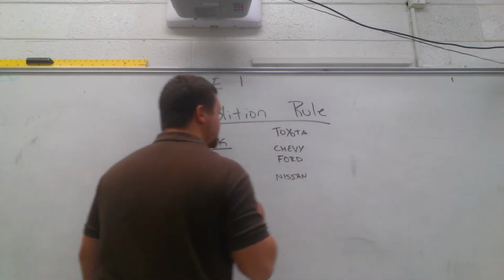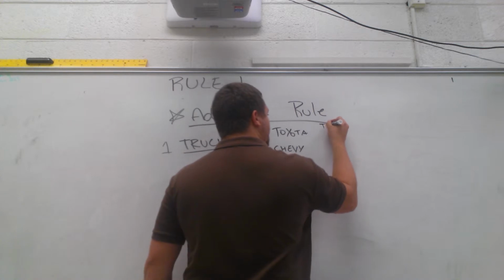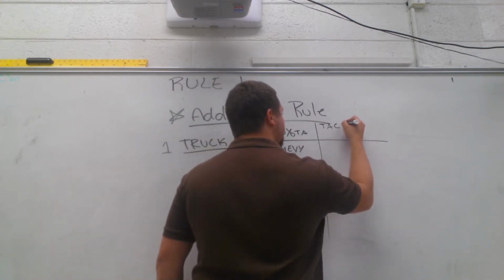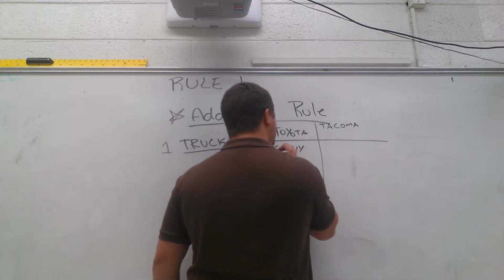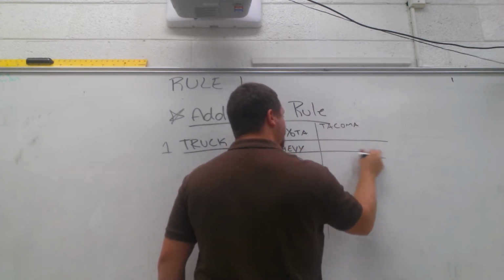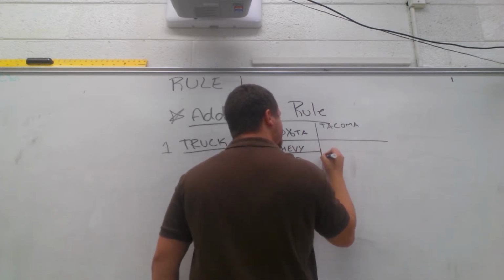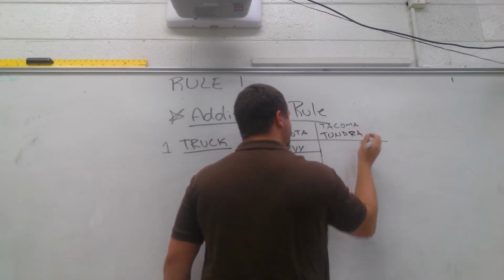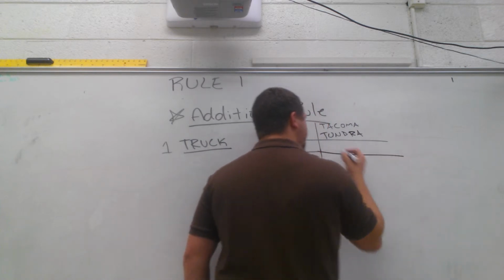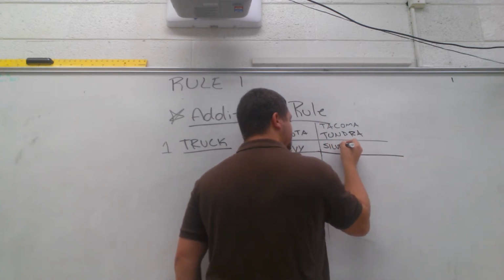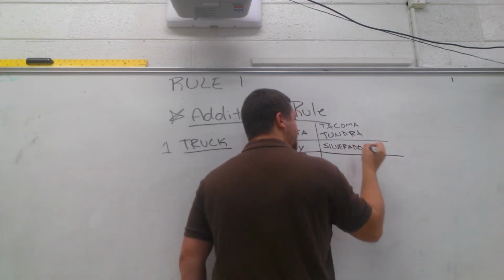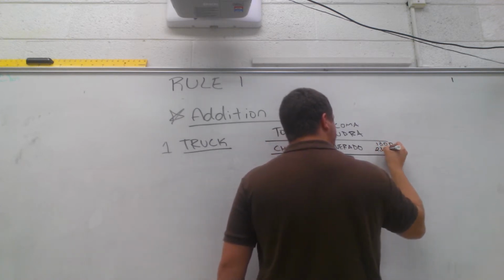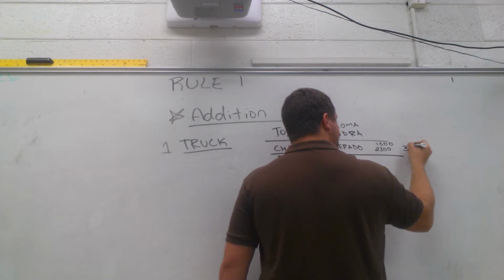Okay. So a Toyota, you've got a Tacoma. Okay, let's separate all this. Tacoma. Or a Tundra. Chevy, you have a Silverado 1300, 2300 and 3300, something like that.